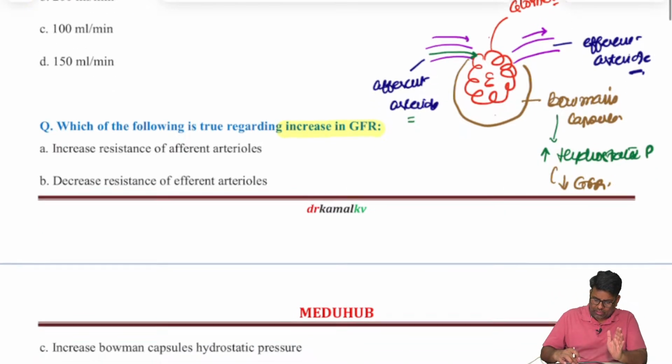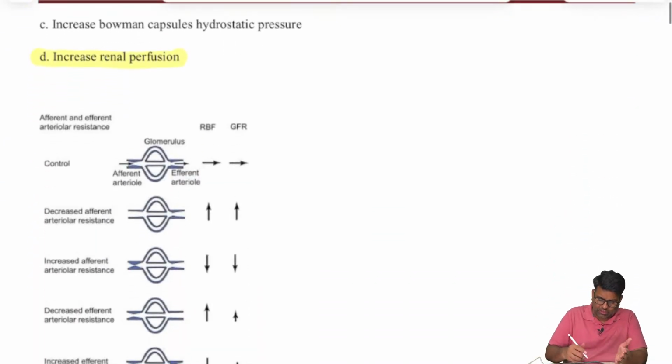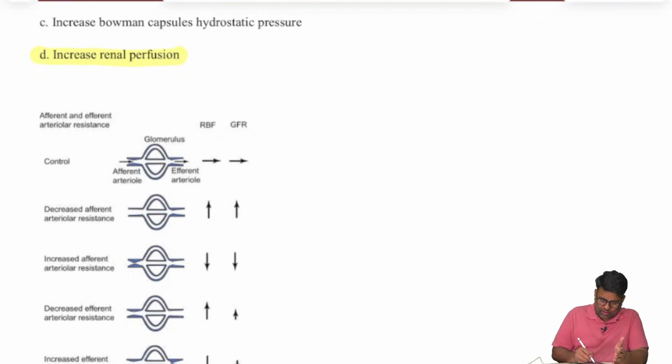We can check in the image: if there is increased blood flow across the afferent arteriole, and the amount of blood flow through it is more because of renal perfusion, that is again going to increase GFR.